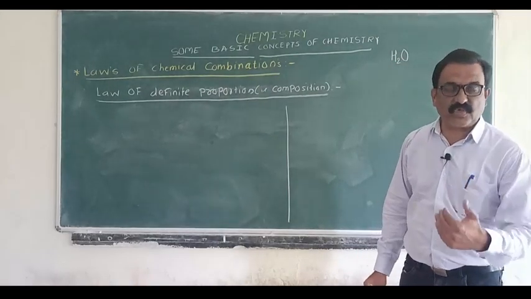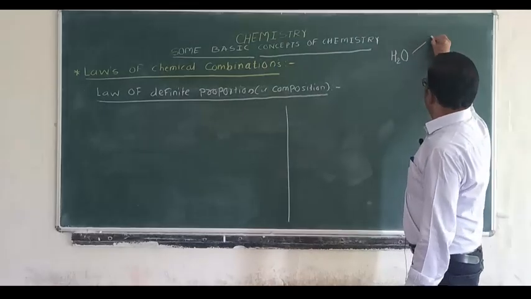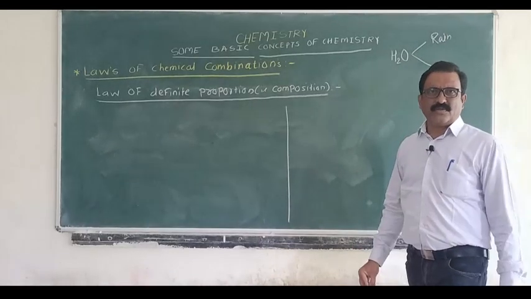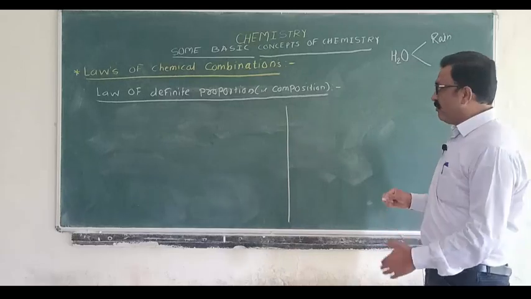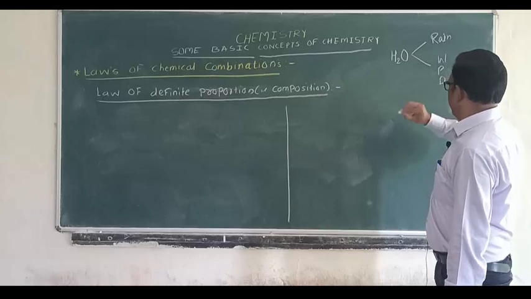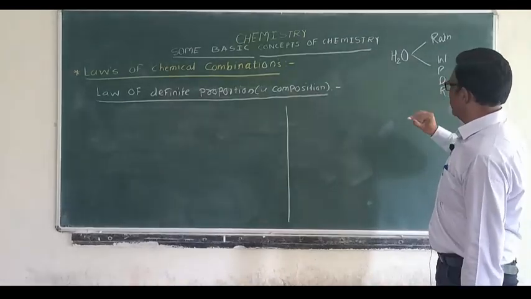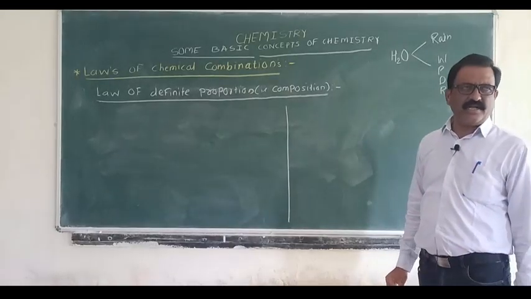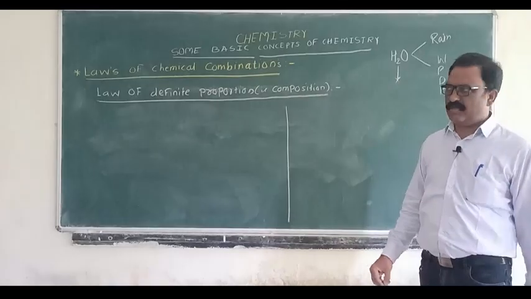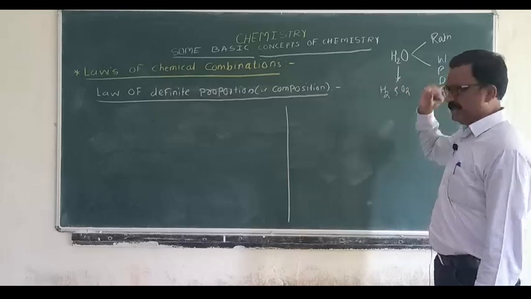What are the different sources of water? We can obtain water from rain. Then we can obtain water from wells, ponds, dams, rivers, etc. Or chemically, we can prepare water by a combination of hydrogen and oxygen.